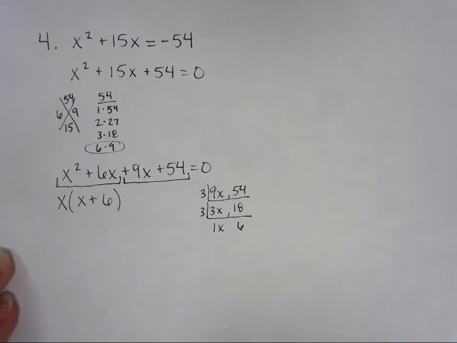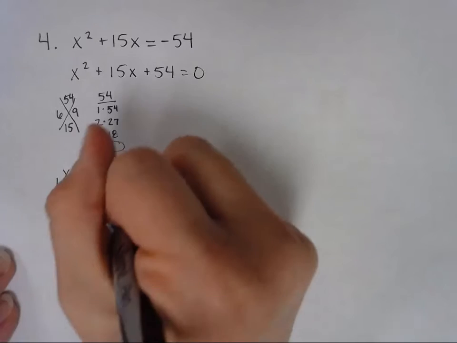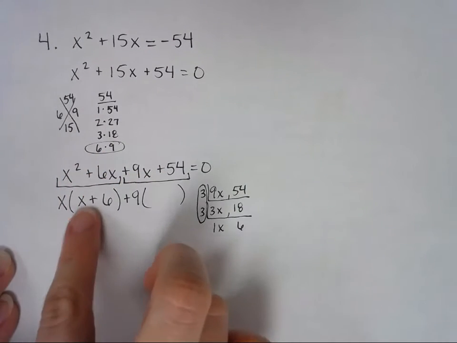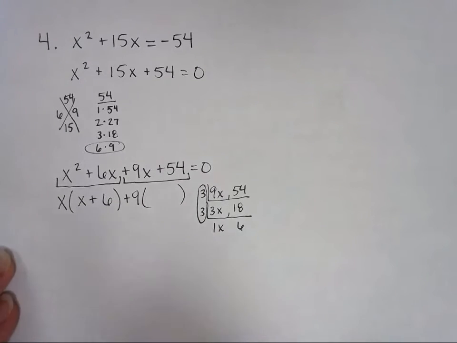So our GCF will be 3 times 3, which is 9. Notice our leftovers match what we already found, so that can always be something that helps you know when to stop with your prime factorization.